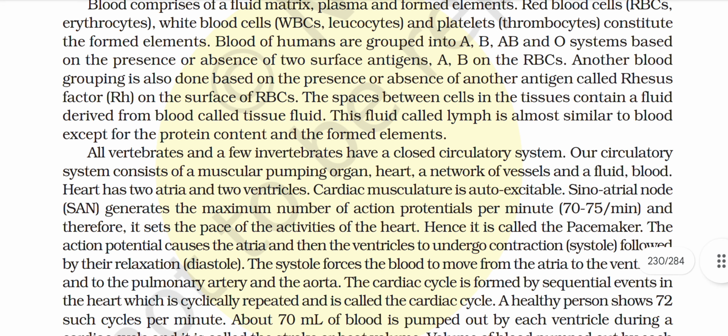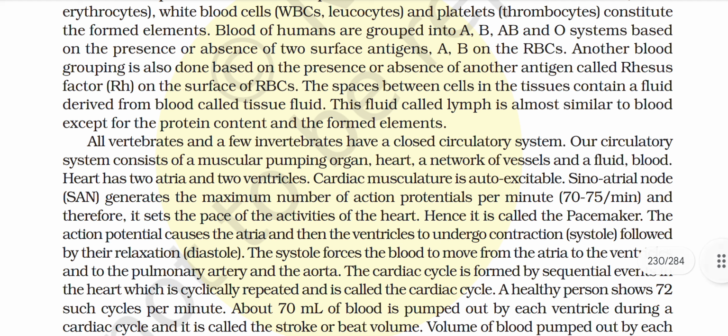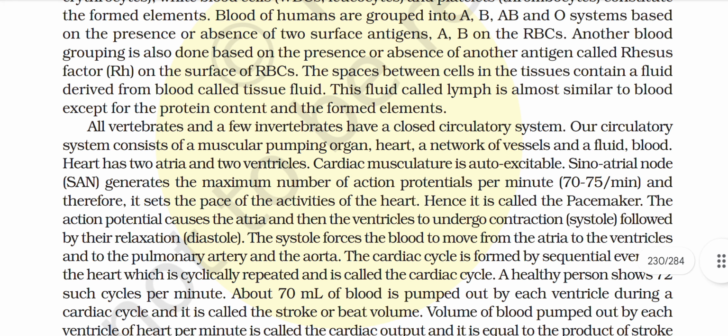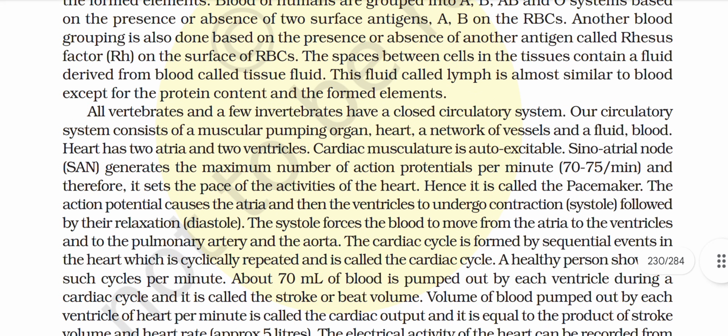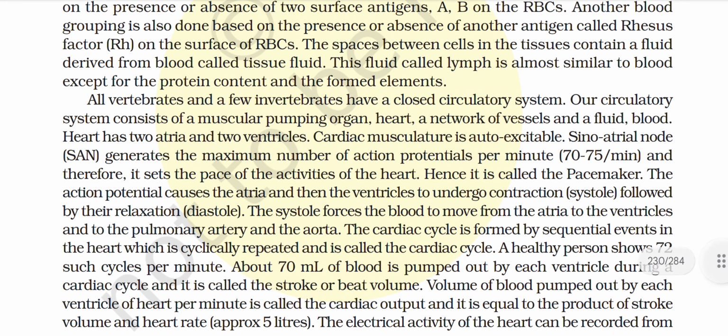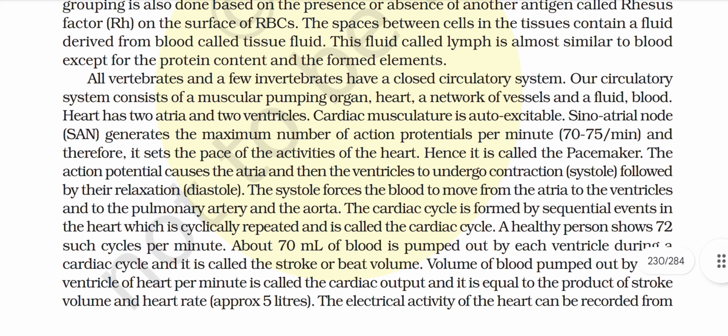Another blood grouping is also done based on the presence or absence of another antigen called the rhesus factor on the surface of the RBCs. The spaces between the cells in the tissue contain fluid derived from the blood, called the tissue fluid. This fluid, called the lymph, is almost similar to the blood except for the protein content and the blood formed elements.